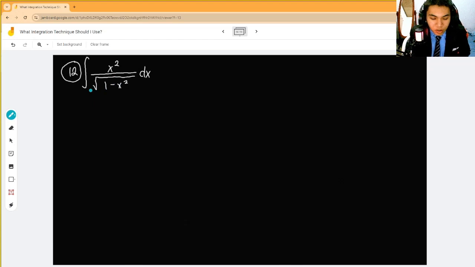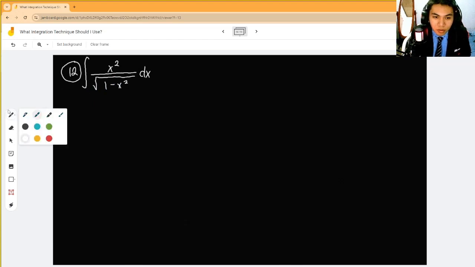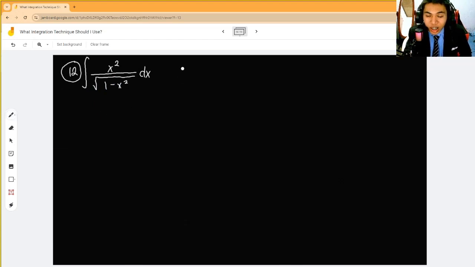Okay, so that means we can let our x be sine theta, and our theta would be later on an arcsine. We can show the work later on. We're just setting parameters.